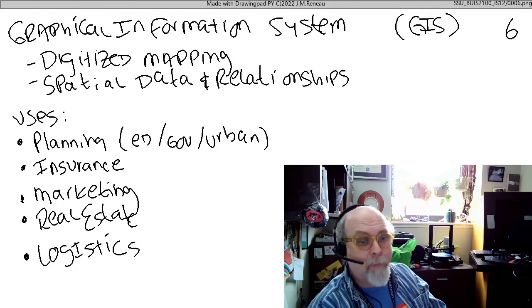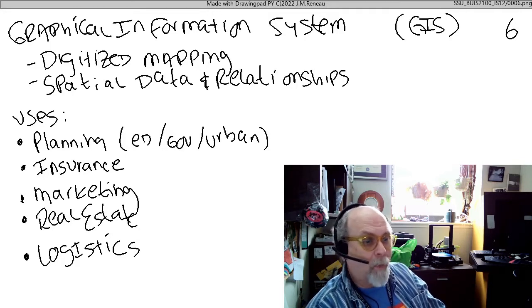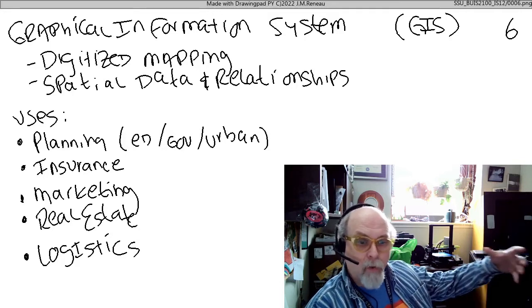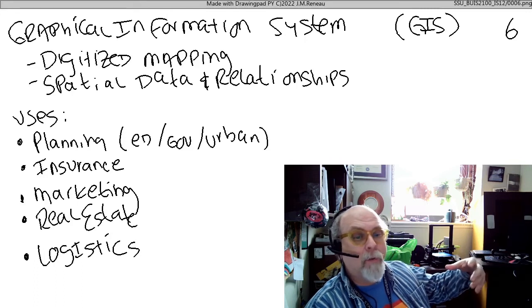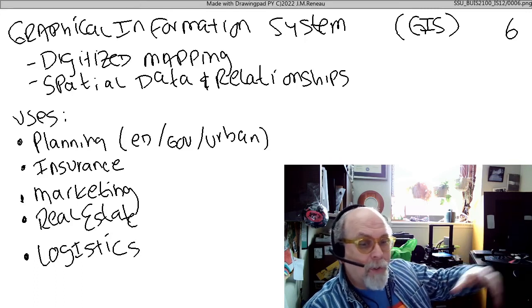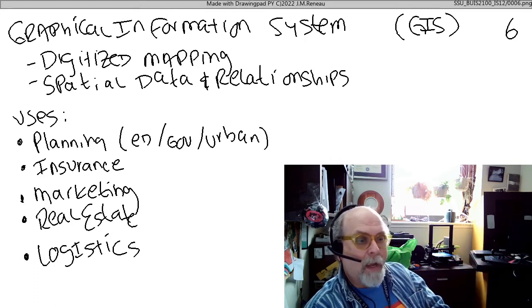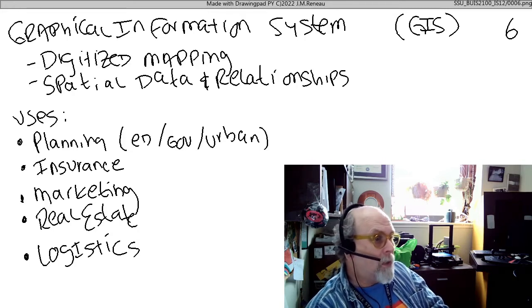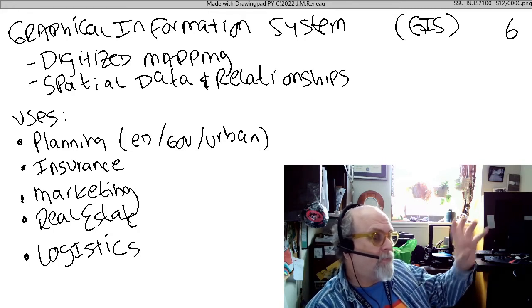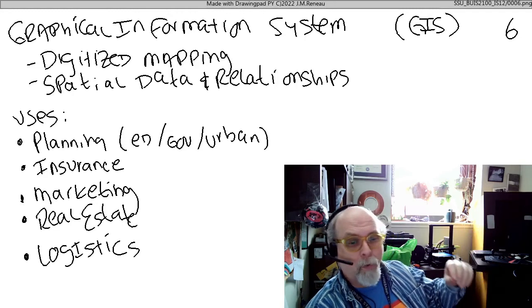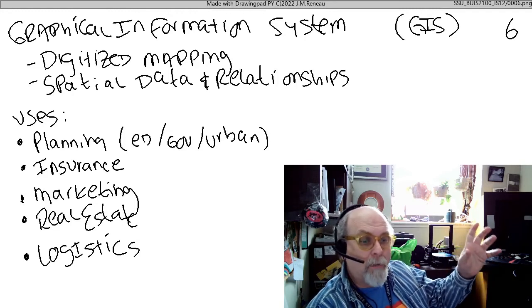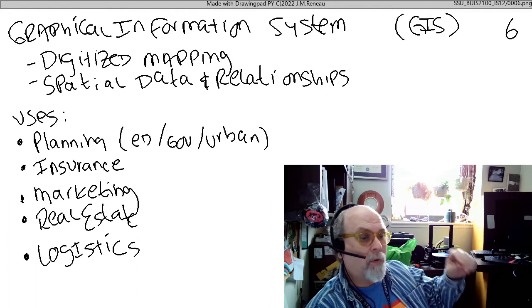Imagine a flood map. That would be something else, of when the last flood was and how deep it was, shown in a graphic of a map so that you can really see the trends of where things are moving. Used in marketing to figure out where your customers are, what they're buying. Used in real estate so that you can map value per acre, or map marginal household income or something else.